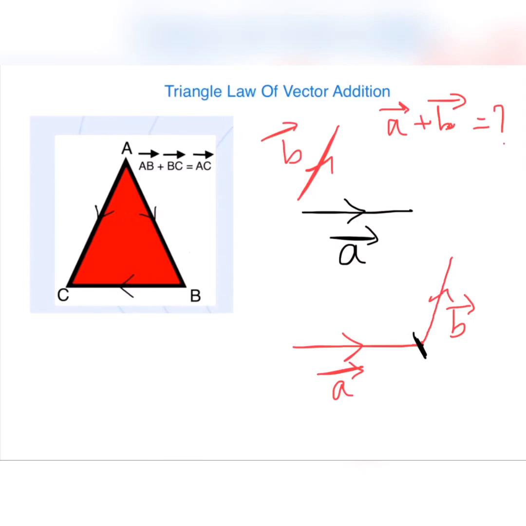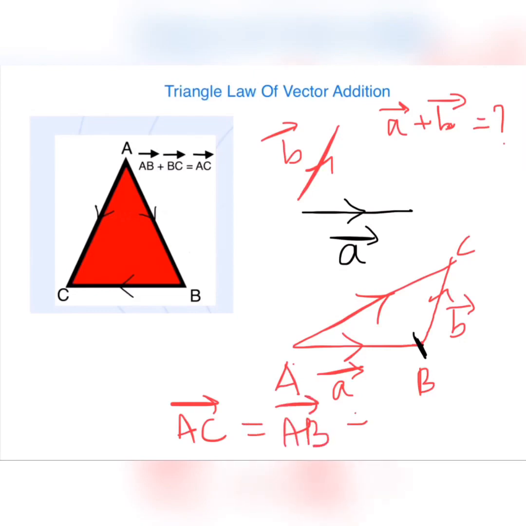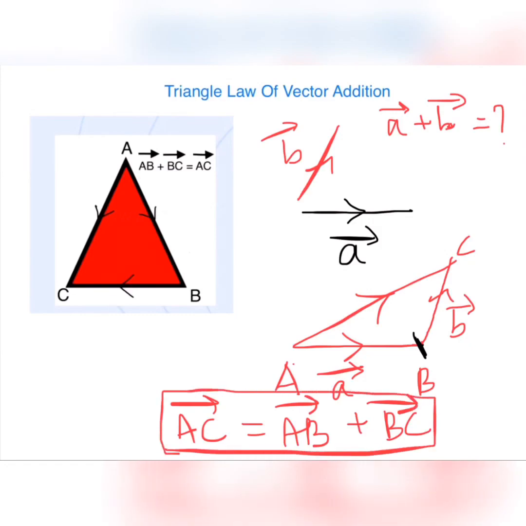Because we know the triangle law of vector addition, if we take these as points A, B and C, the resultant vector is vector AC. Vector AC is equal to vector AB plus vector BC. Look, the direction of the vector is very important.